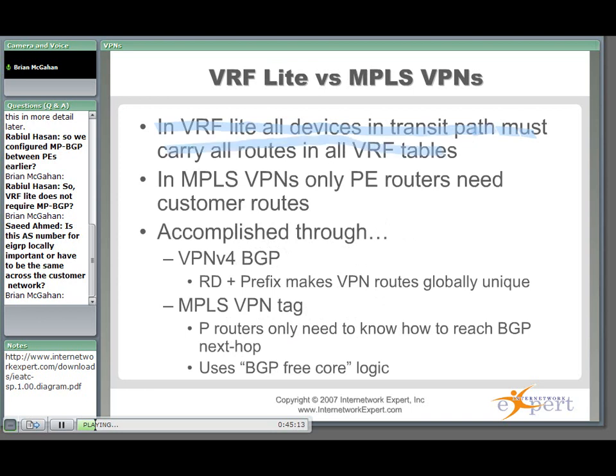So when we're doing VRF Lite, this is only between directly connected neighbors. When the neighbors are not directly connected, that's where MPLS comes into play, and we use multiprotocol BGP to exchange the information between them. When we're dealing with directly connected devices, if we're running EIGRP between router 2 and router 4 in that individual VRF, they're going to have to agree on what the autonomous system number is.